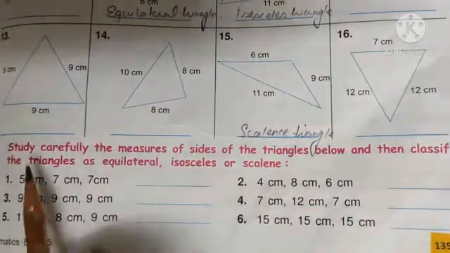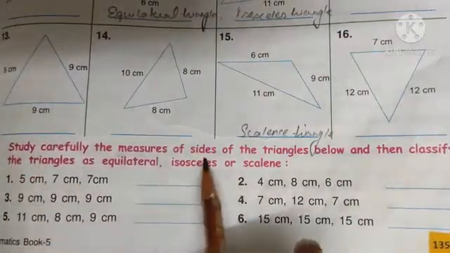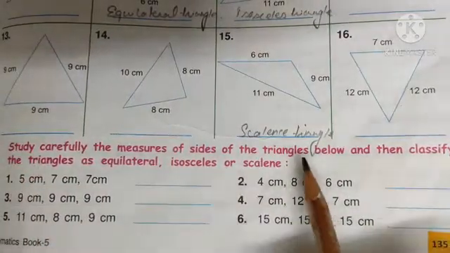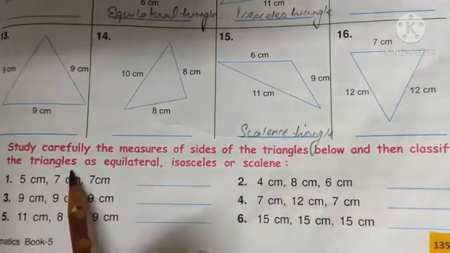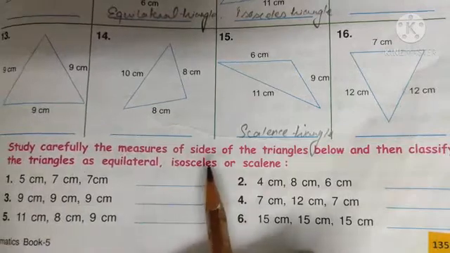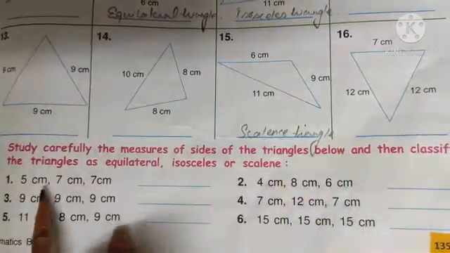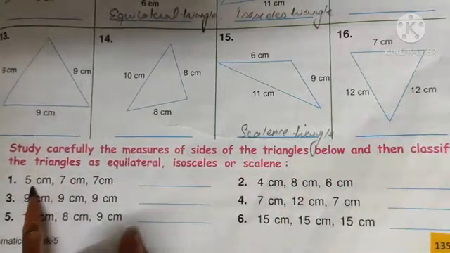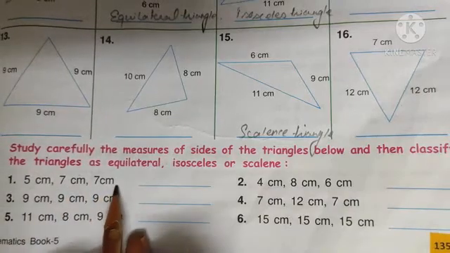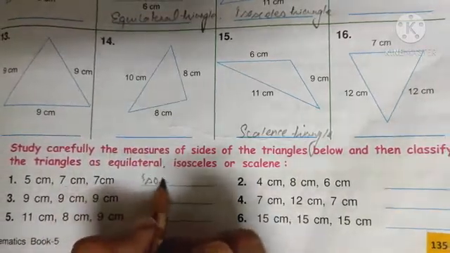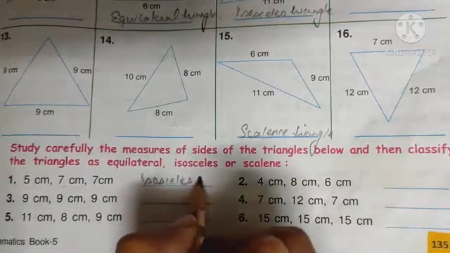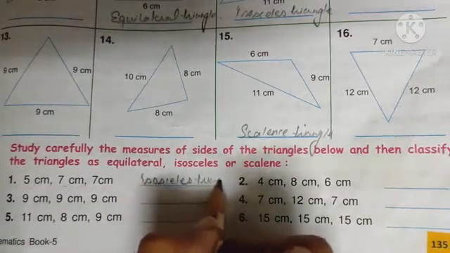Now part B, study carefully the measures of sides of the triangles below and then classify the triangles as equilateral, isosceles or scalene. See here, 5 centimeter, 7 centimeter and 7 centimeter. Two sides are equal, so this is an isosceles triangle.